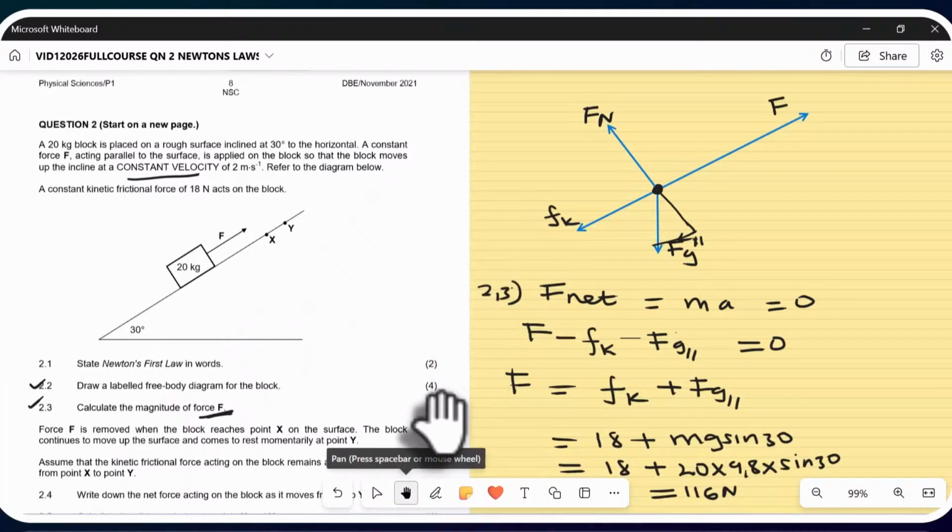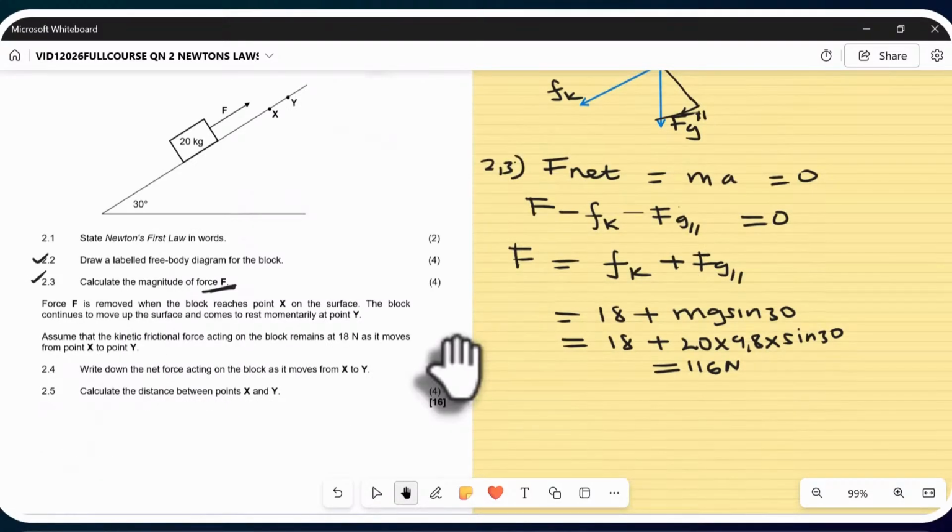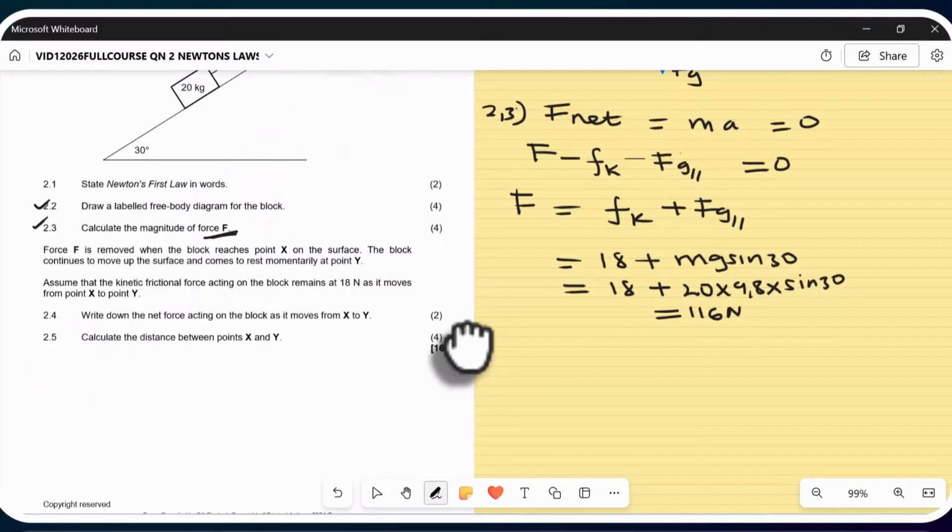Then they say that the force F is removed when the block reaches point X on the surface, and the block comes to rest immediately at point Y. Assume that the kinetic frictional force acting on the block remains 18 newtons as it moves from point X to point Y. Write down the net force acting on the block as it moves from X to Y. Initially the block was being pulled by the force F, and our net force was going upwards.